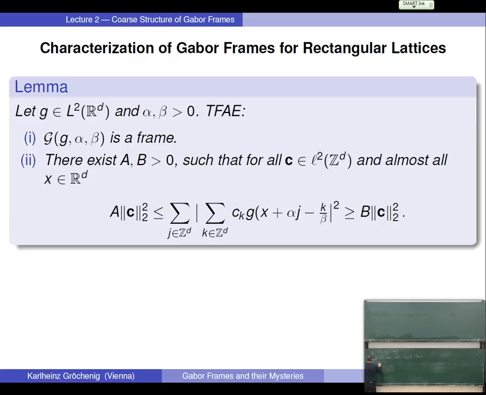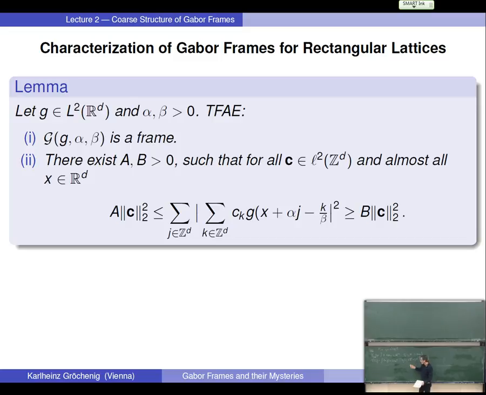Omitting the subscript, this is the set of all (alpha, beta) in (0, infinity) squared, so all positive lattice parameters such that the Gabor system with rectangular lattice is a frame. So these are definitions. This is what we are interested in. Given a window, for which lattices do we obtain a frame?